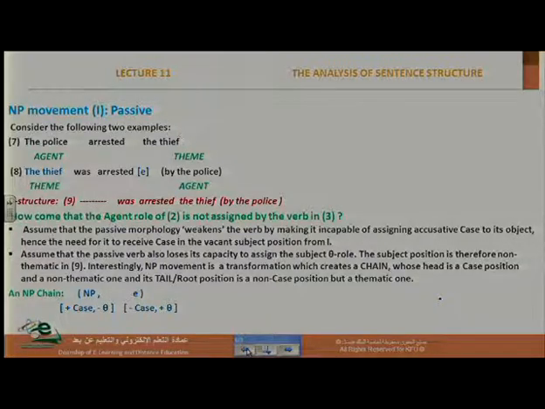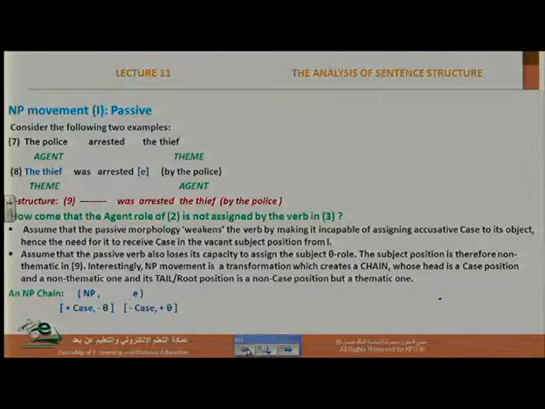In this one, the agent role somehow, because there is no subject, because the subject is not known, either it is deferred, if you like, left for later, and the by-phrase takes the job of assigning some theta role to the police, and we understand that the police did the arresting. But in this case here, if there is no by the police, it looks like this position, the subject's position, is empty. And not only is it empty, but it is non-thematic, i.e. it is not some position to which we can assign a theta role.